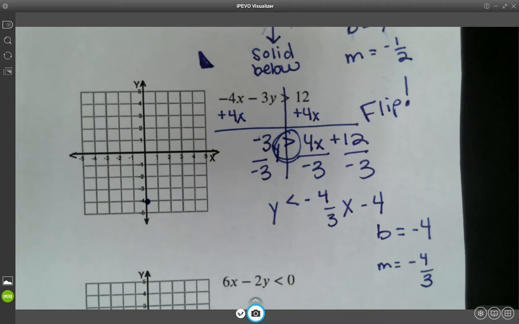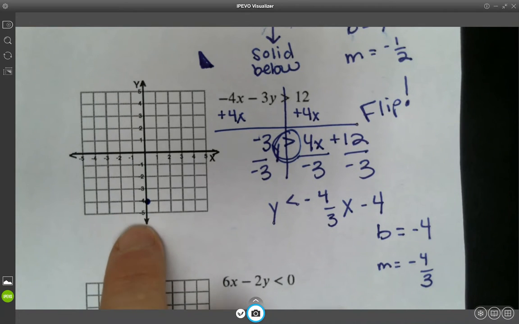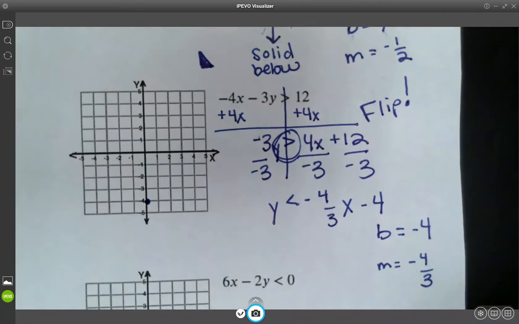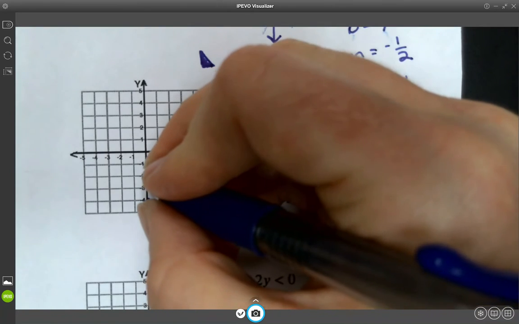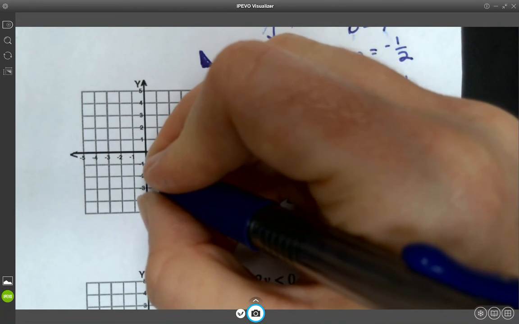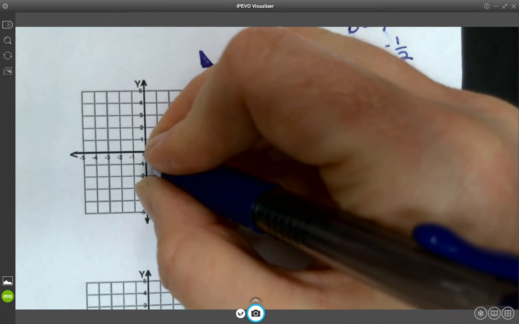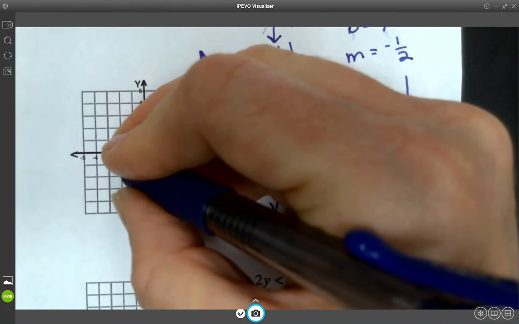And we need to go down and right, but I can't do that. So we do the complete opposite. What's the complete opposite of down and right? Up, how many? 4. And left, 3. Yeah. So let's count them. 1, 2, 3, 4 over 1, 2, 3.